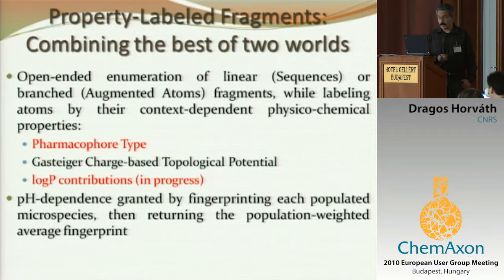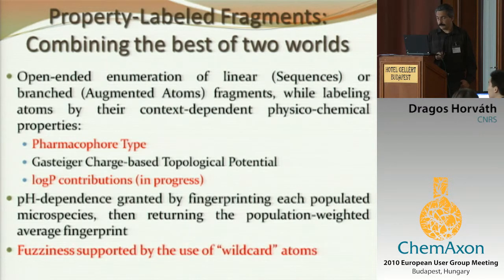This last one is something that's not done yet. And we can introduce the pH dependence if we do this. And you'll see how we come to a population-weighted fingerprint. There's a fuzziness in there by the use of wildcard atoms. I'll come back to this.